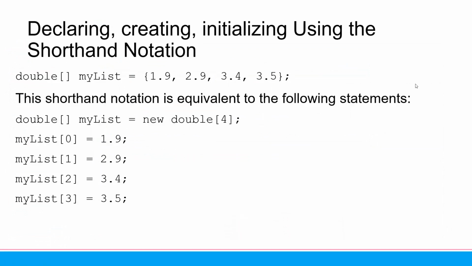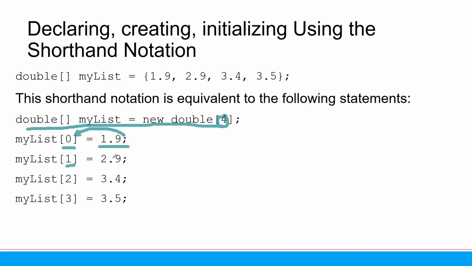Actually, this shorthand notation is the same as this one. I would like to make an array, and the array has 4 elements, and each of them is listed with the index value. So if it is index 0, I put 1.9.